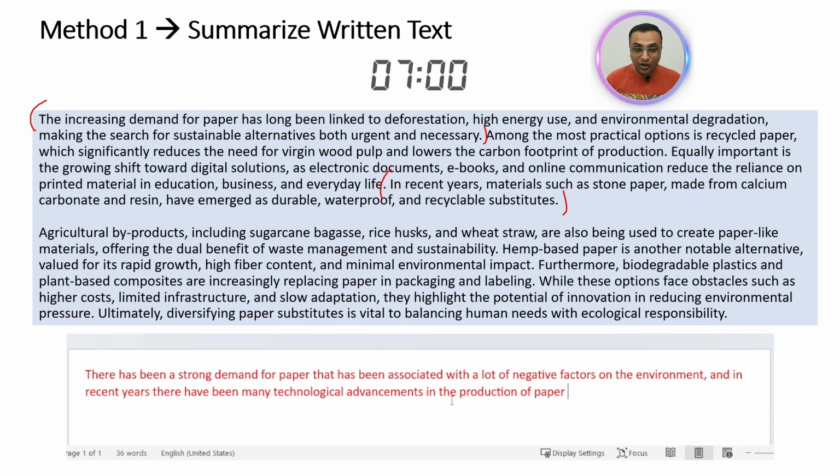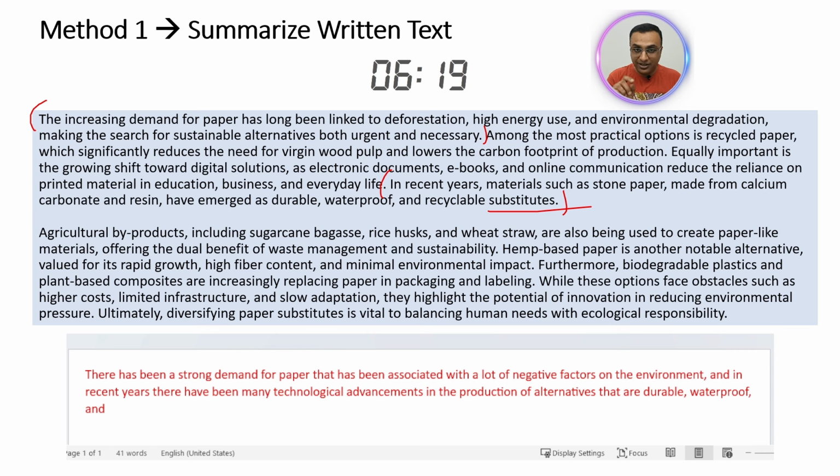We have to introduce alternatives. Okay. Instead of substitutes, I will be writing alternatives. There have been many technological advancements in the production of alternatives that are durable, waterproof, and recyclable.